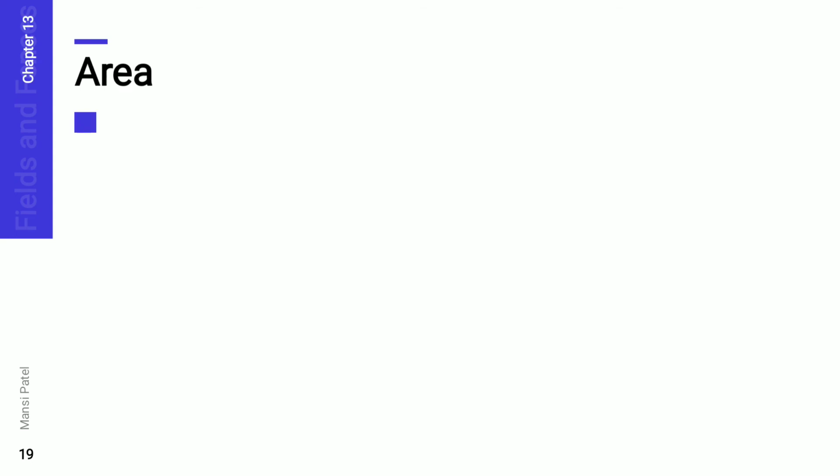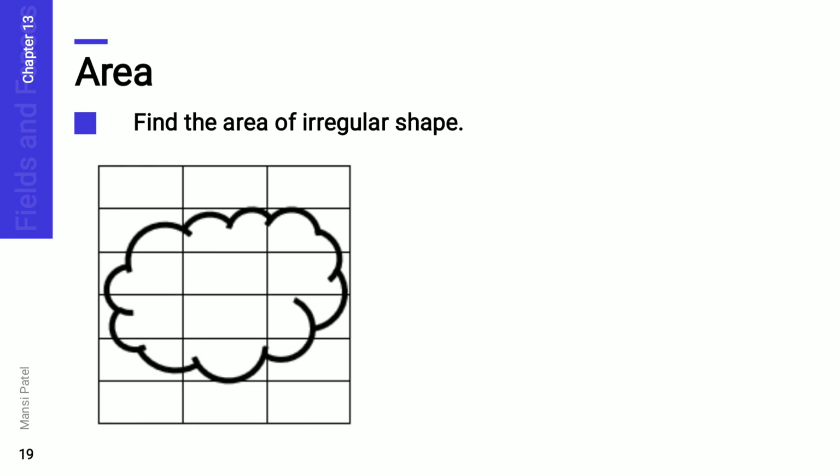Now let us see another example to find out the area of irregular shape. In this you want to find out the area of this cloud. So first you have to count the number of squares which occupy the whole square and more than half. So count it. 1, 2, 3, 4, 5, 6, 7, 8, 9.